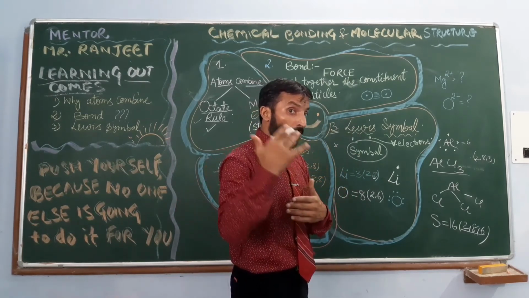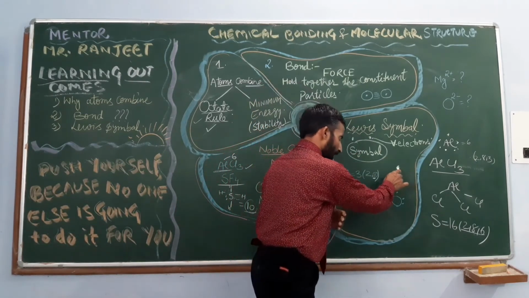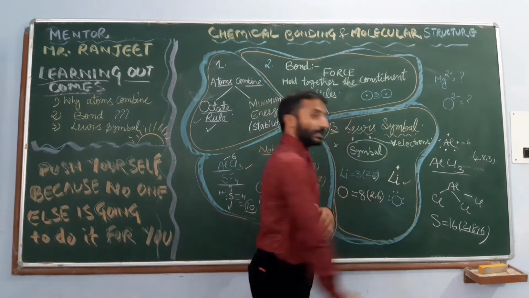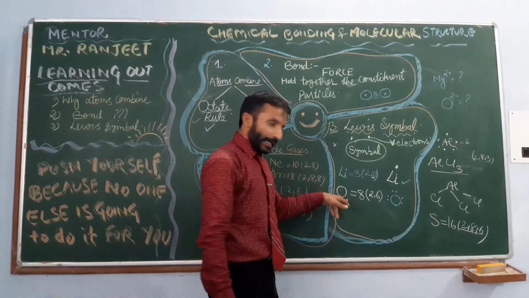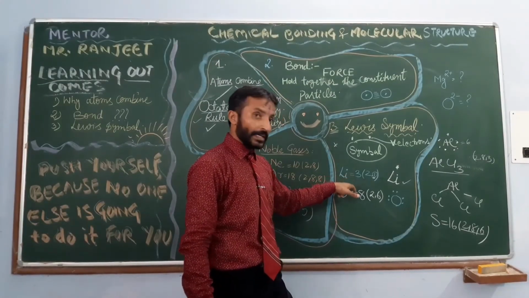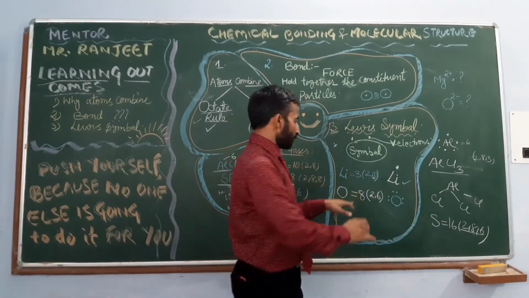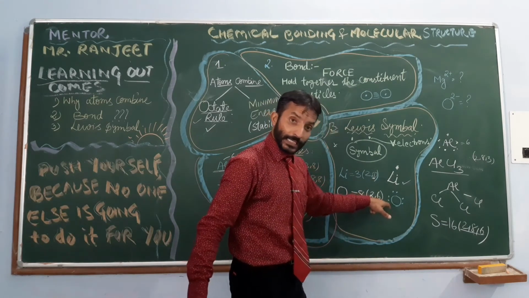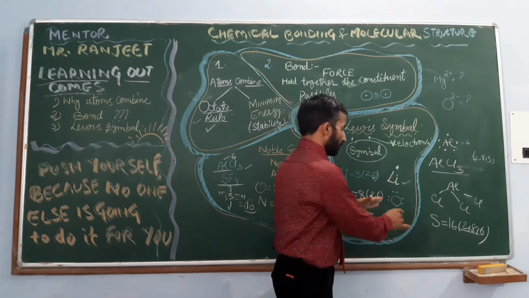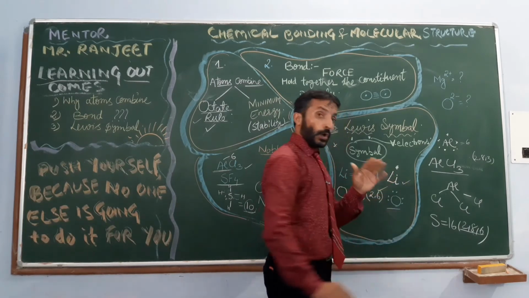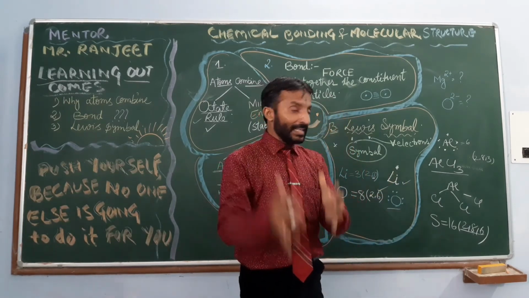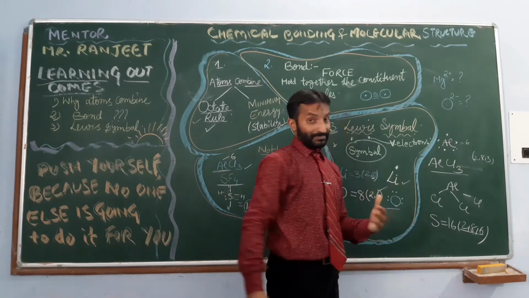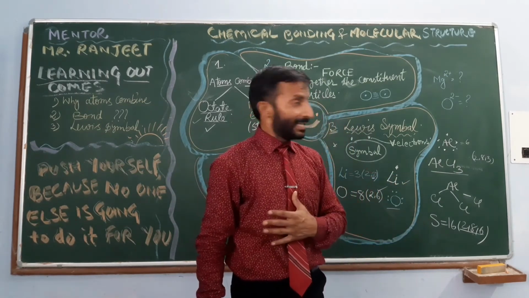This is the Lewis symbol for lithium. Next example is oxygen. Oxygen has atomic number 8, configuration 2, 6. Now for the Lewis symbol, there are 6 electrons in the valence shell, so 6 dots around the oxygen symbol. This is the Lewis symbol for oxygen.